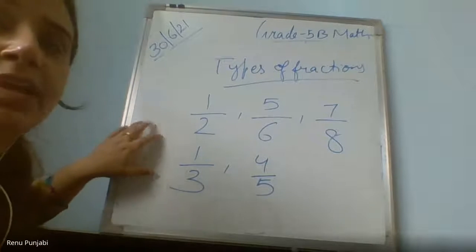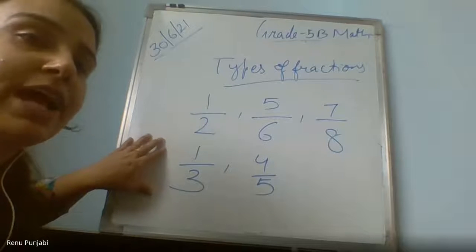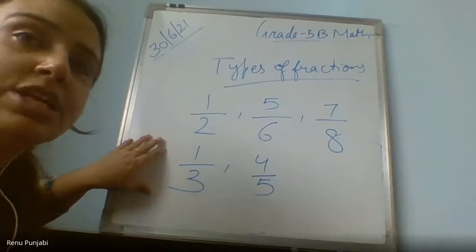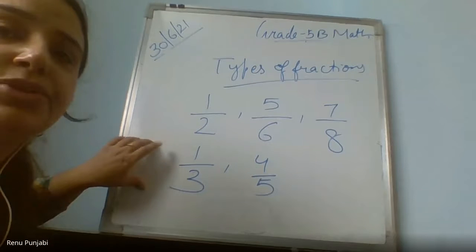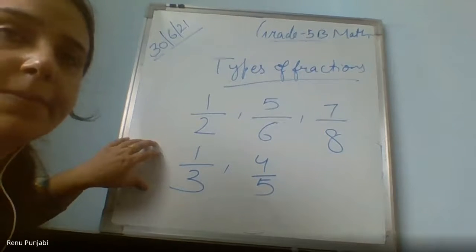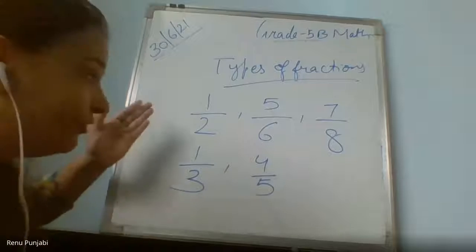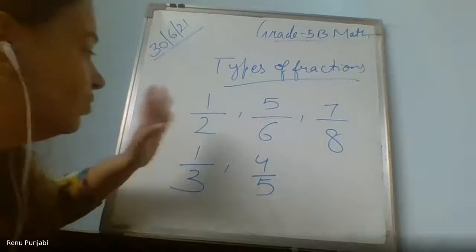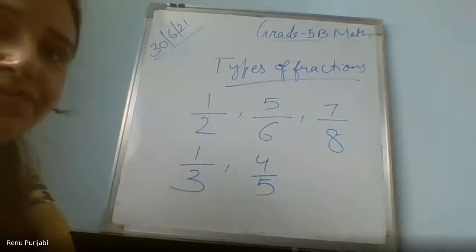So now if I tell you from this group of fractions, you need to find out which fractions are the unit fractions. So now children, tell me which fractions are the unit fractions. Ma'am, in which numerator is 1. So now from this group, I have given you 1, 2, 3, 4, 5 different fractions.